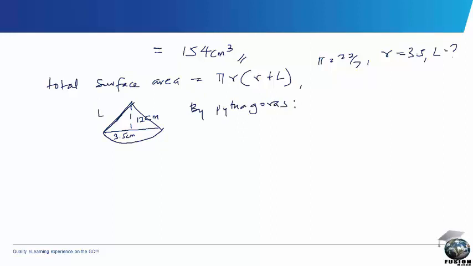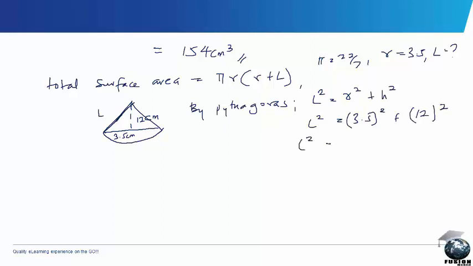We have that the length L squared is equal to the radius squared plus the height squared. L squared is 3.5 squared plus 12 squared.